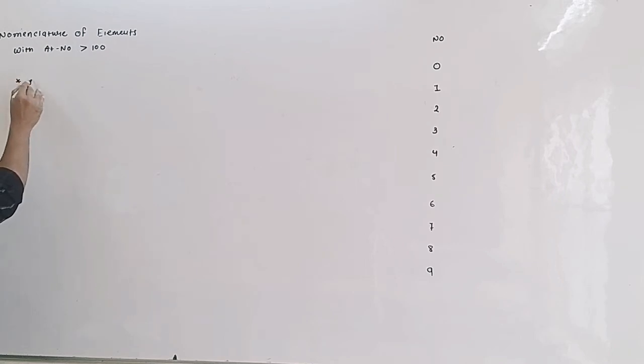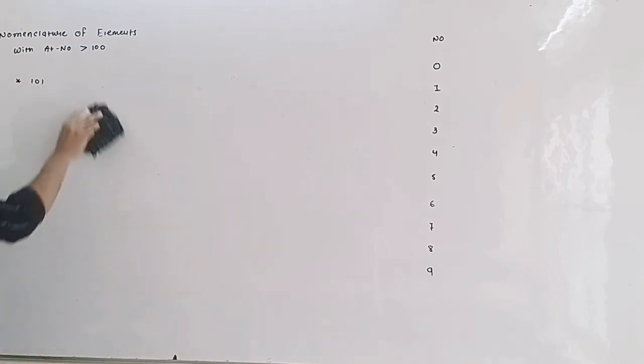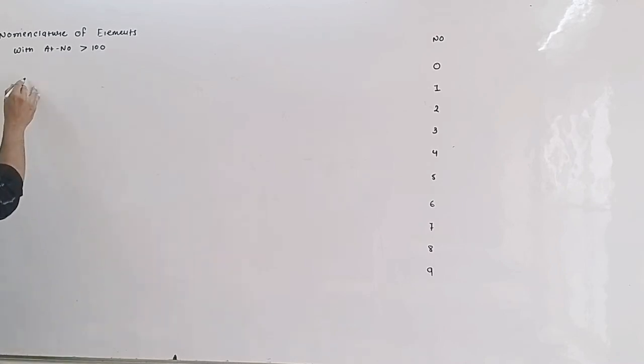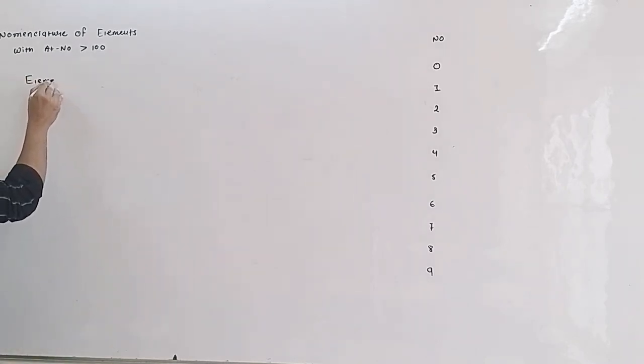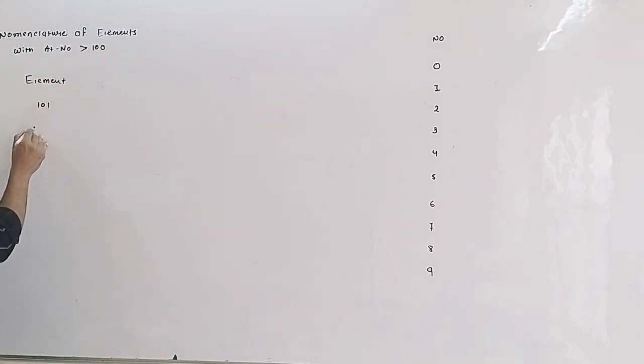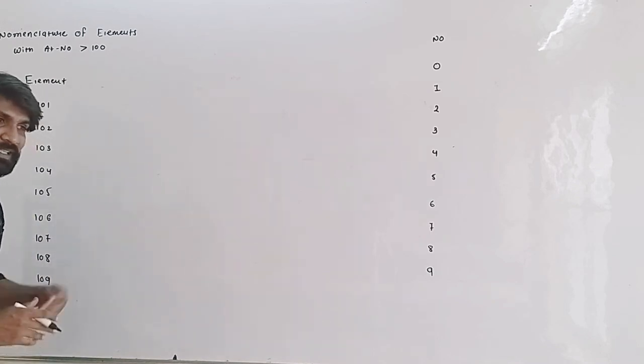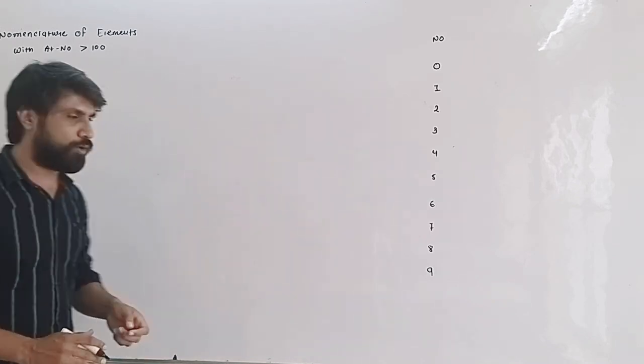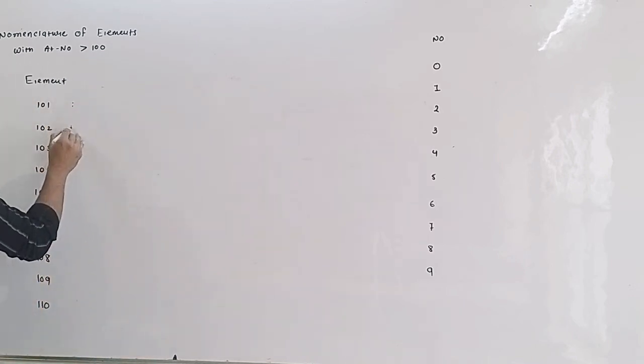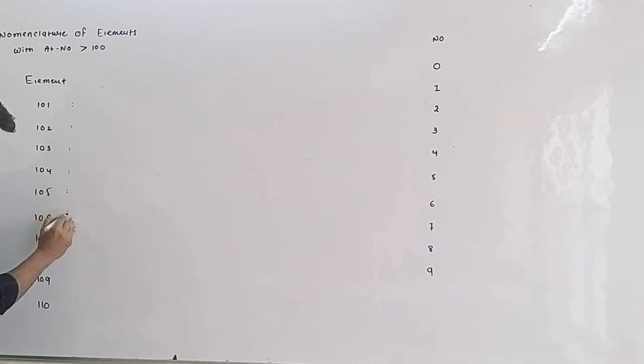That means 101, 102, 103, 104, 105, 106, 107, 108, 109, 110, then 111, 112, till 118, because at that time 118 elements were known. So we have to get the names of all these elements, but it is temporary, not permanent.